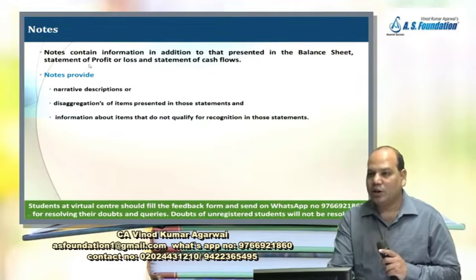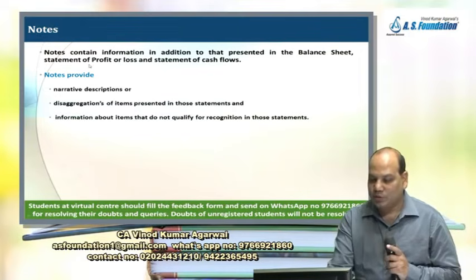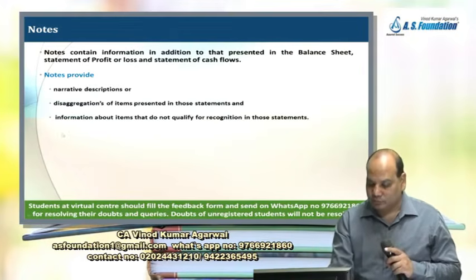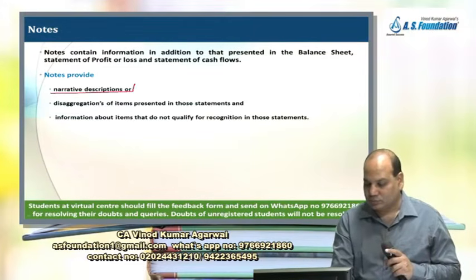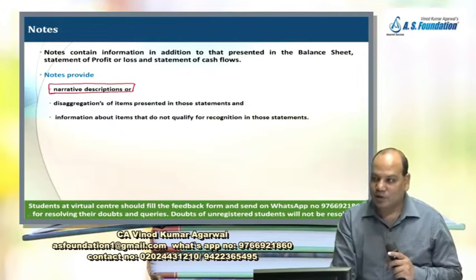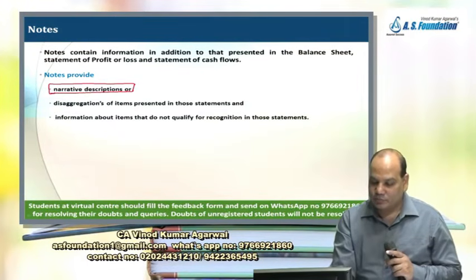Everything cannot be contained in the SOFP, SOPL or cash flow statement. Is it right? Some more information is required to be given. For example, certain things may require explanation. How the EPS is calculated is to be given. Will you write it in the main page of the P&L account or can you explain it in the notes?